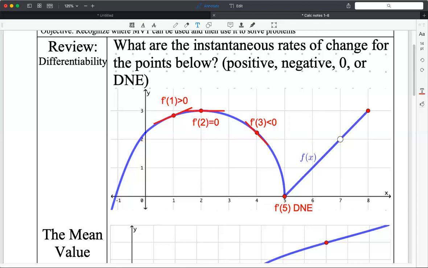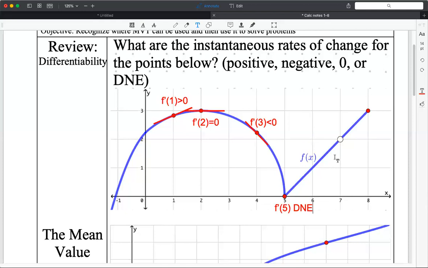Holes, gaps, vertical asymptote is one of them, and an end? What about an end? Exactly, yep. Perfect. Okay, so we'll be reviewing these more and more.